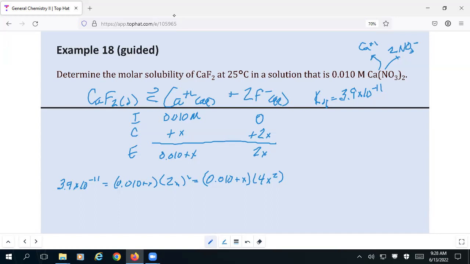Now, if the concentration is high enough, which in this case it probably is, we can still use the 5% approximation and ignore that positive x term.